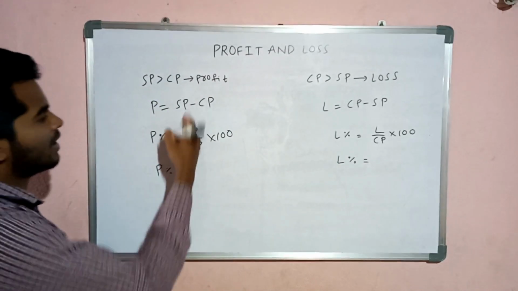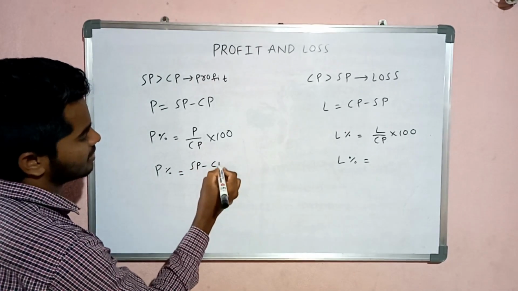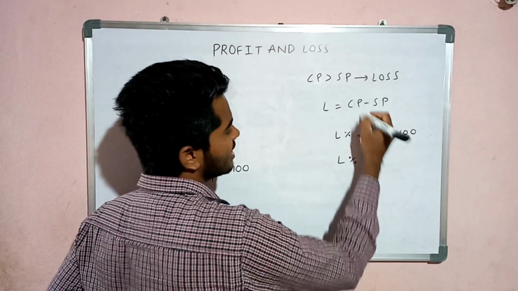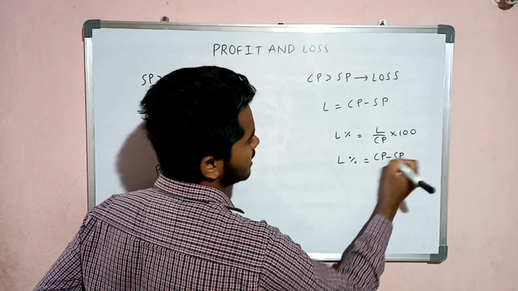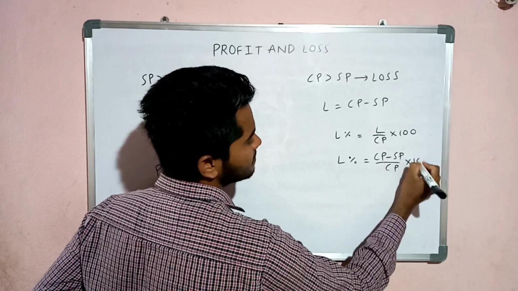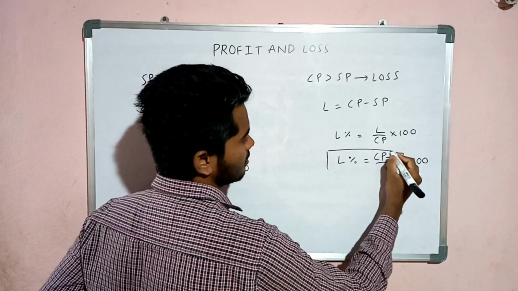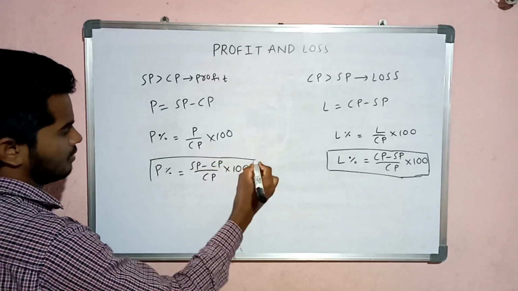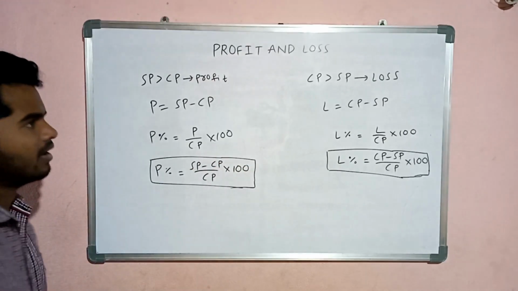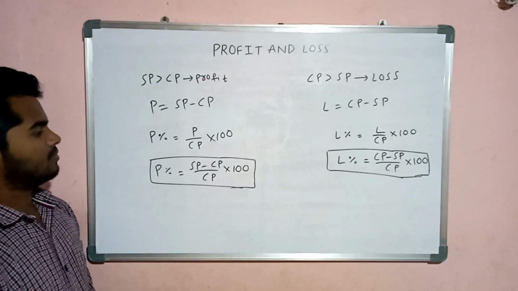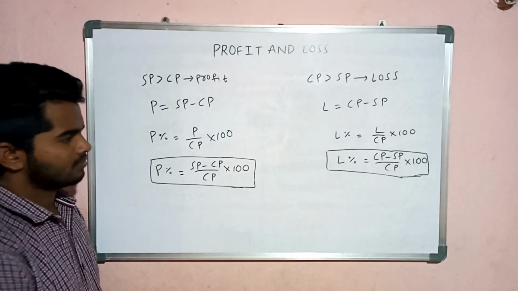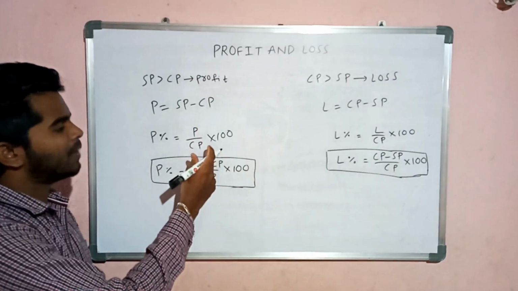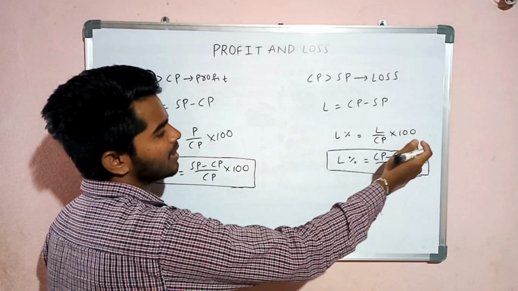Profit percent equals selling price minus cost price by cost price into 100, and loss percentage is cost price minus selling price by cost price into 100.